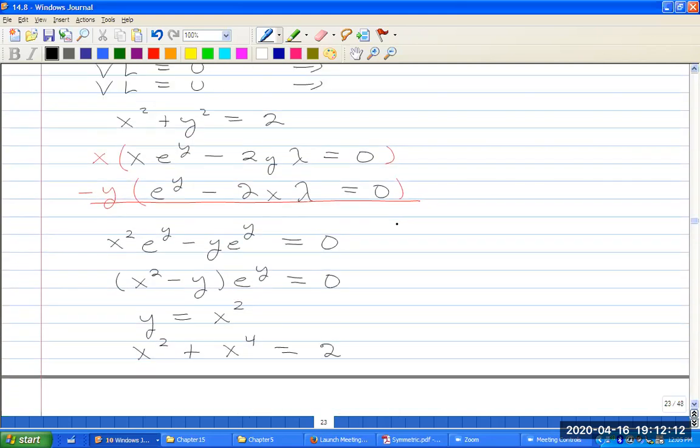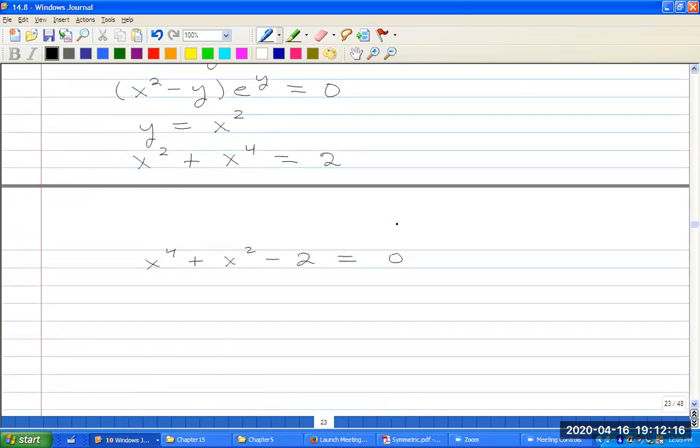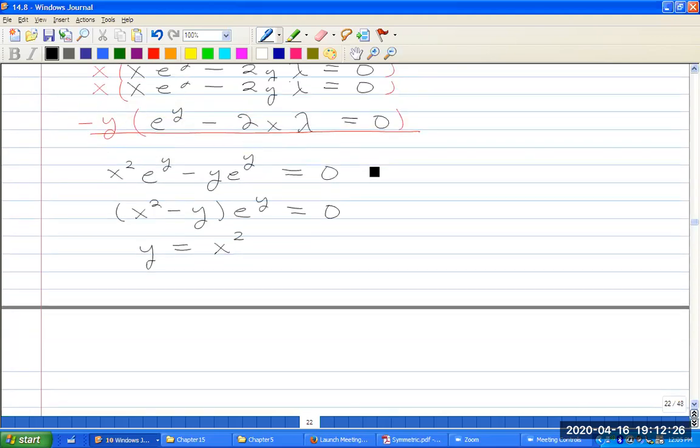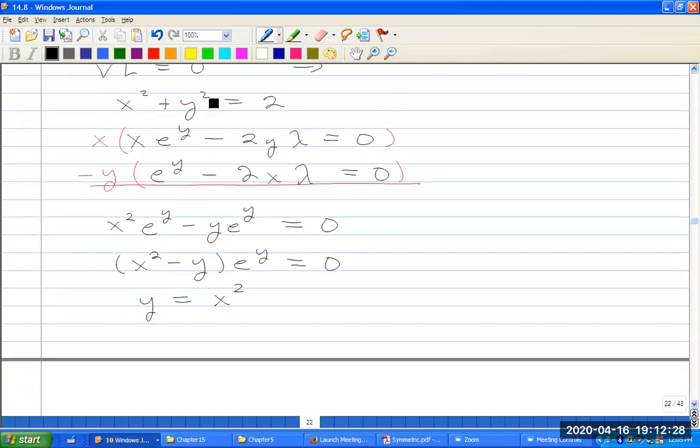It looks nicer if I replace x squared up here by y. So it's y plus y squared equals 2.